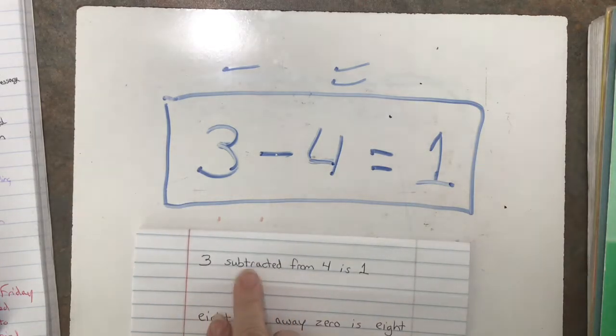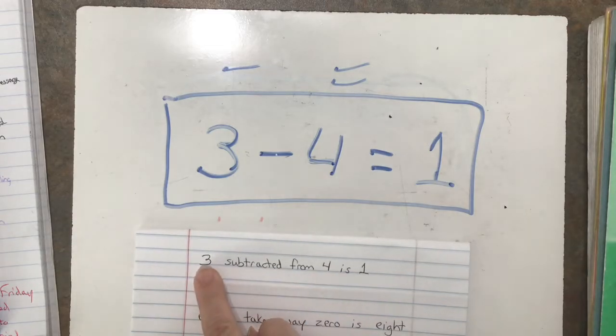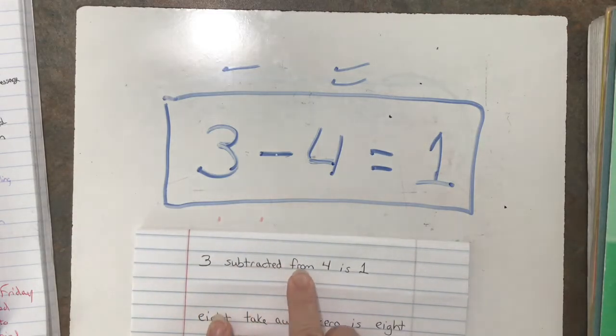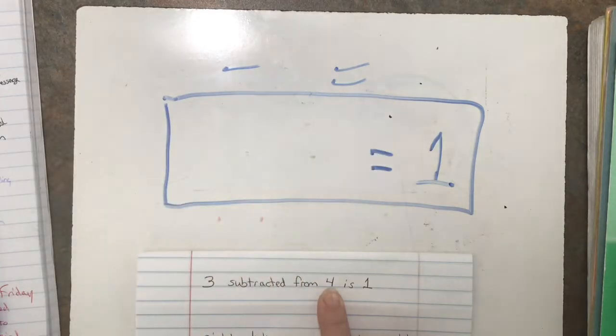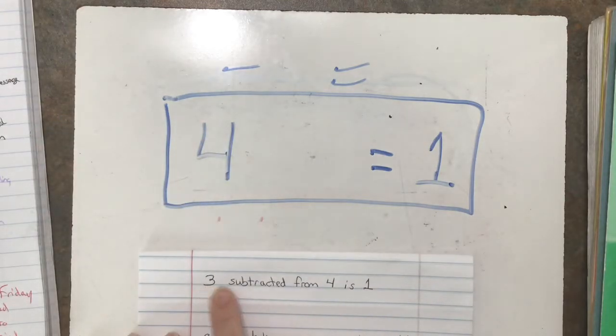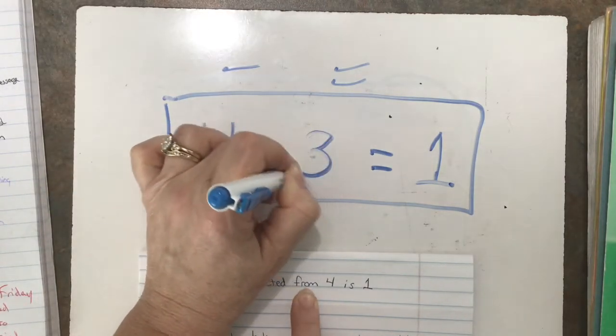I am actually taking 3 away from 4. We're doing 3 subtracted from 4. So that means I'm not starting with 3. I am starting with 4. And I am taking 3 away from 4. 3 subtracted from. So we are taking away 3.